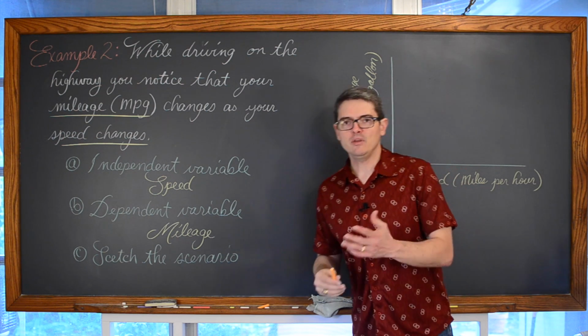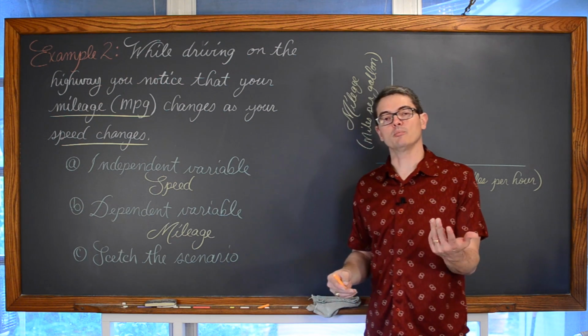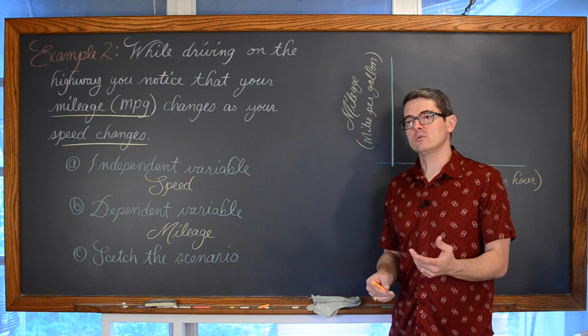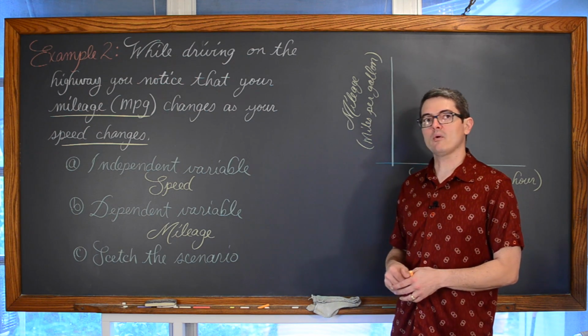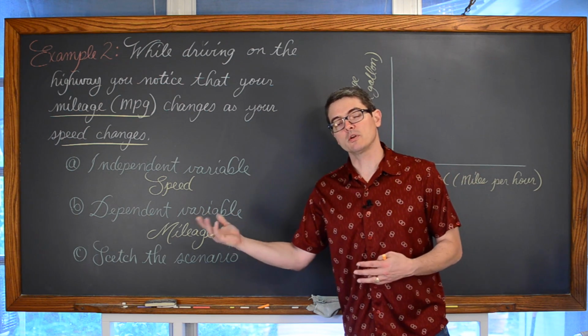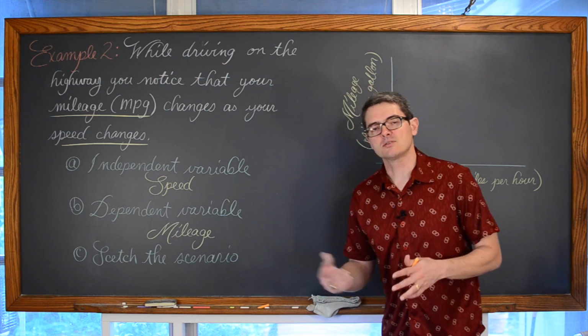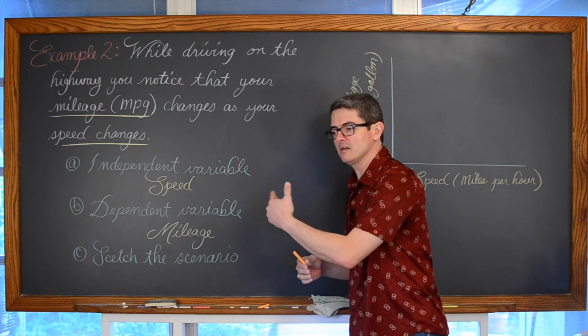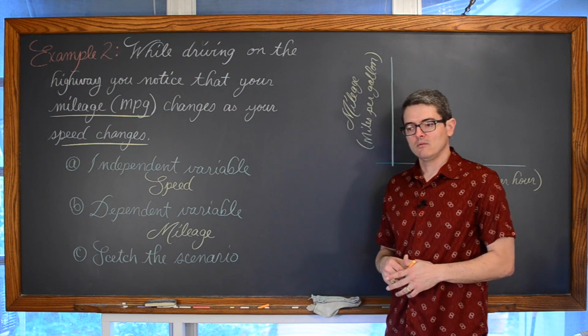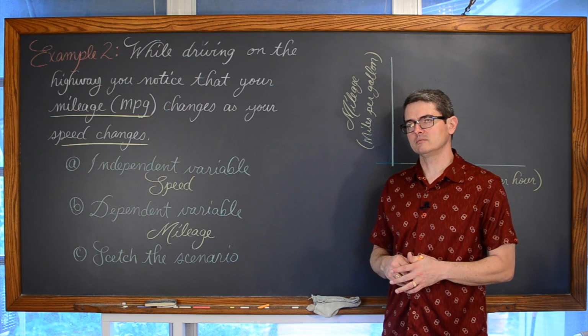Now, maybe you're not old enough to drive a car, but you're probably riding a bike, right? So if you ride a bike at 10 miles an hour and you ride a bike at 20 miles an hour or 25 miles an hour, whatever the fastest speed is that you can attain, which one takes more effort?